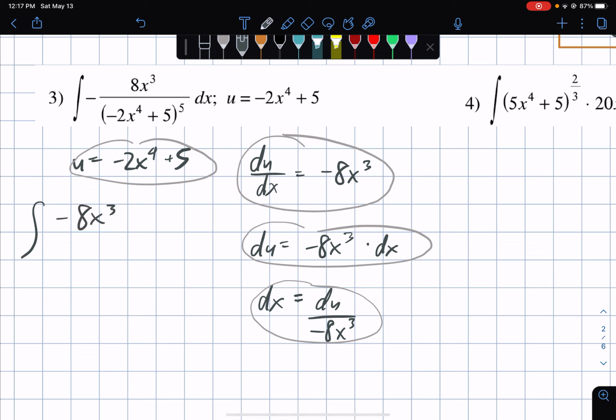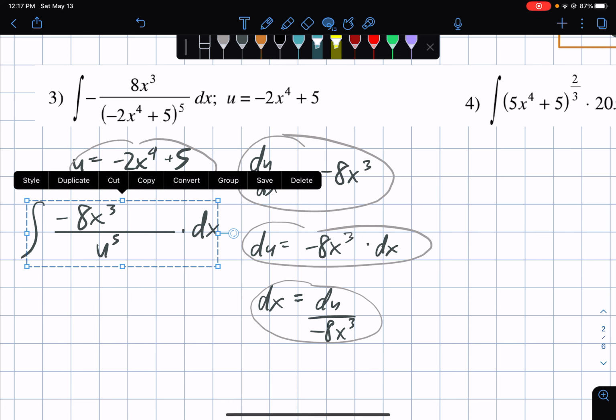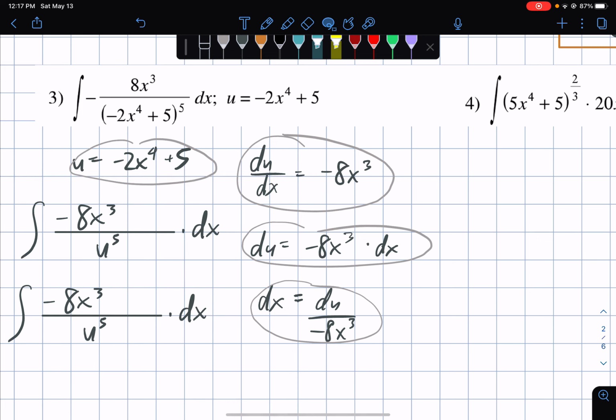So negative 8x raised to 3 over this is u, and then raised to 5 times dx. We copy the entire thing, but this time we sub dx with whatever it's equal to, that is du over negative 8x raised to 3.